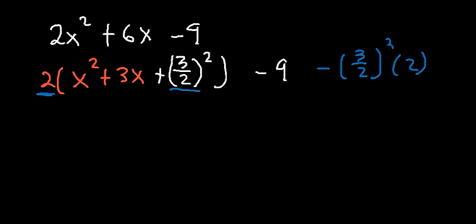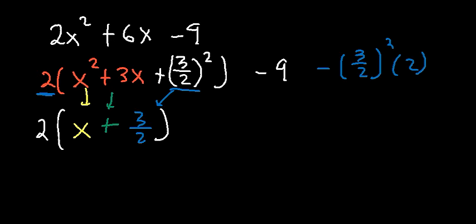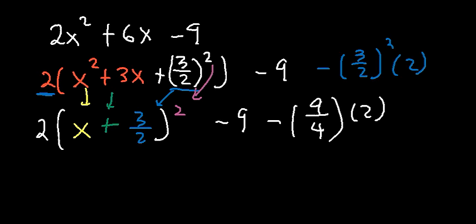So we need to incorporate that 2 there. So we're going to leave the 2 on the outside, and then it's going to be x plus 3 over 2 squared. And then we have minus 9 minus 3 squared is 9, 2 squared is 4, times 2.